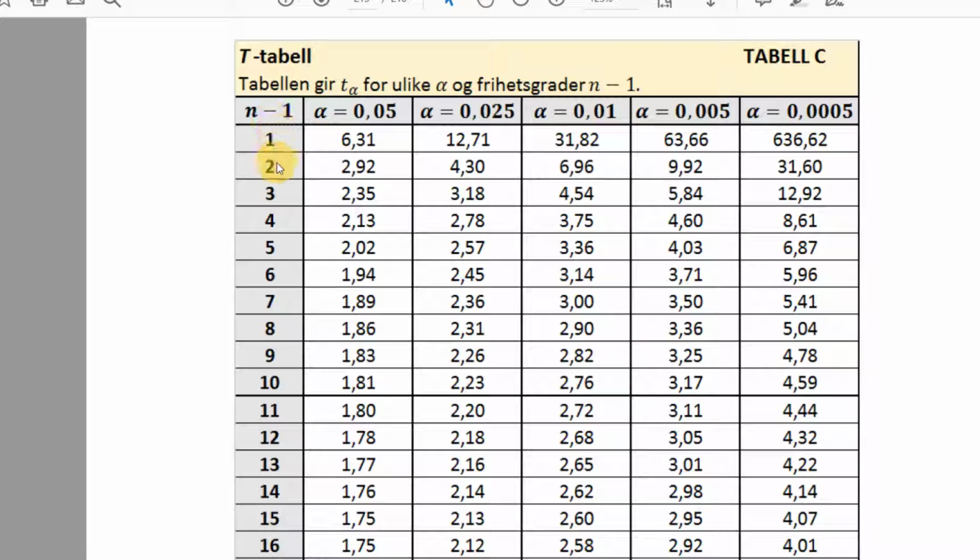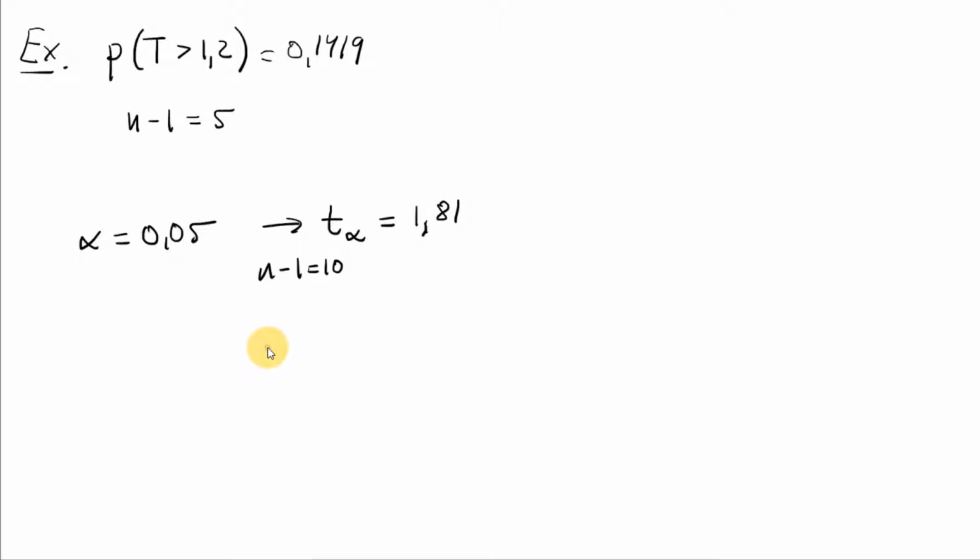Here we have the degrees of freedom, and here we have alpha. In our case, alpha was 5%, so we are here, and 10 degrees of freedom. We can read off t alpha as 1.81. So that's how you read off the t table, or two t tables.